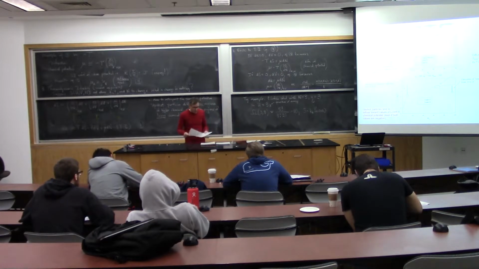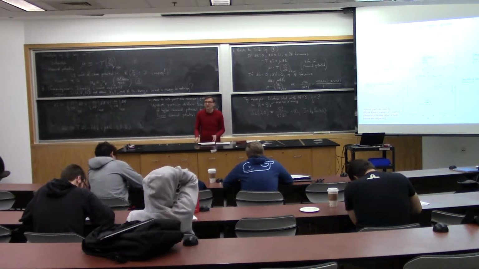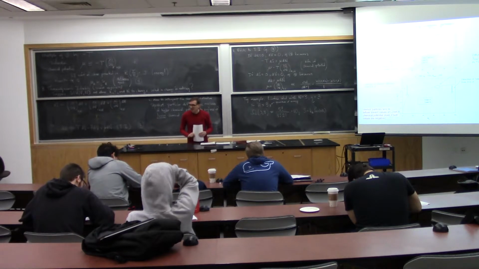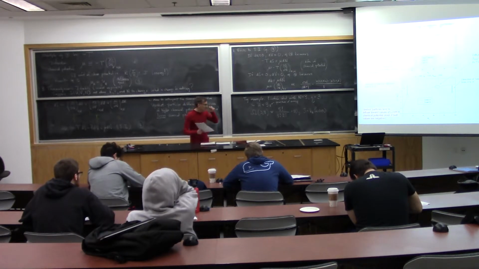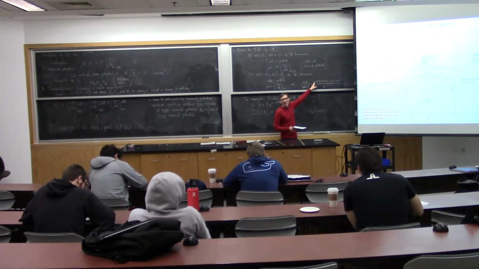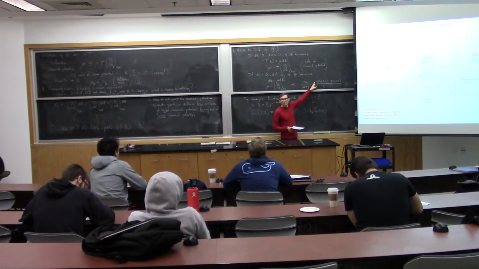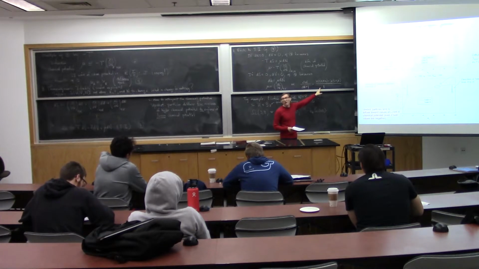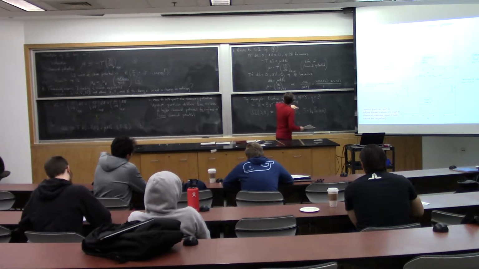Fine. Now I'm trying to get a feel for what the chemical potential of this toy version of an Einstein solid will be. So I'm going to think of it as the change in the internal energy if I increase the particle number by 1, over 1.